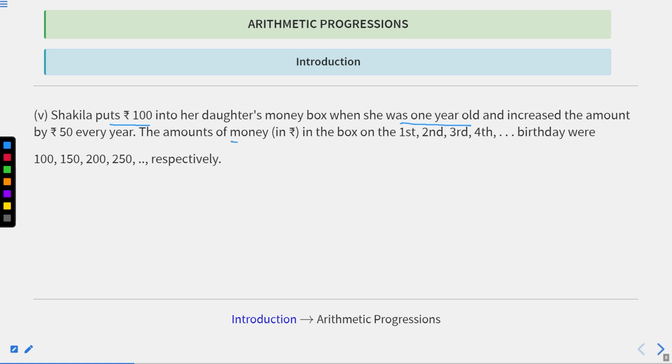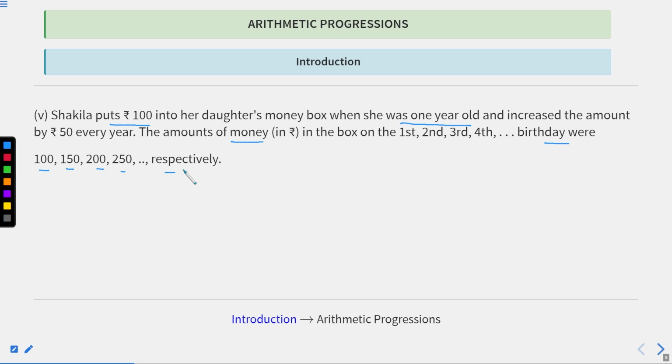The amounts of money in rupees in the box on the first, second, third, fourth, and so on birthdays will be 100, 150, 200, 250, and so on respectively. Sakila puts 100 rupees into her daughter's money box when she was 1 year old. When she was 2 years old, Sakila puts 150 rupees.